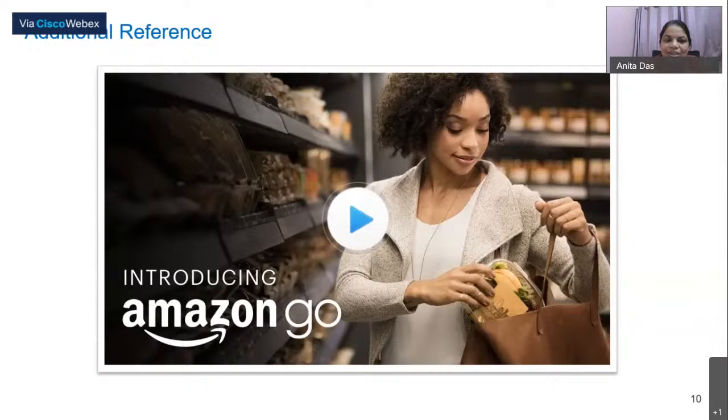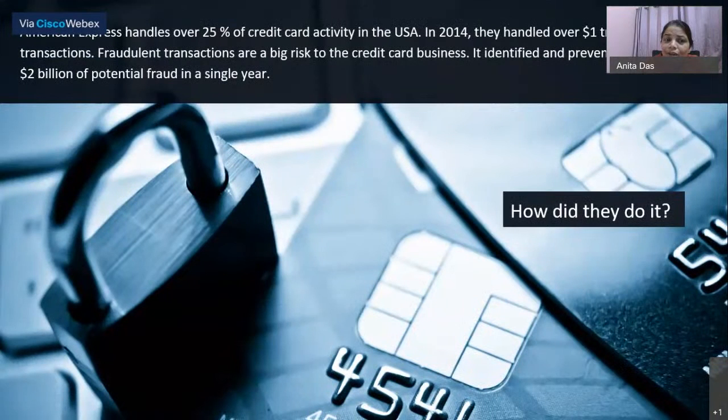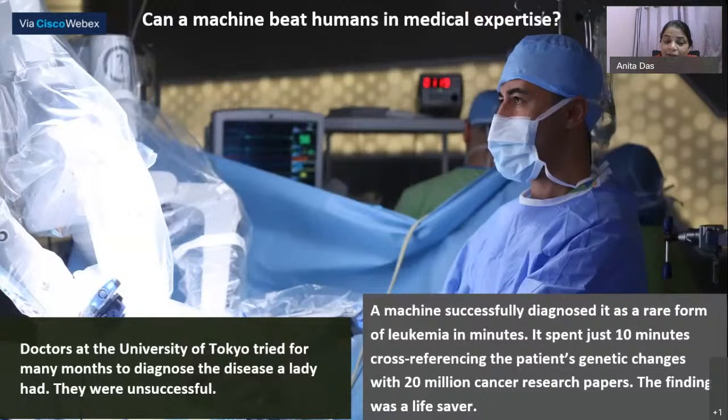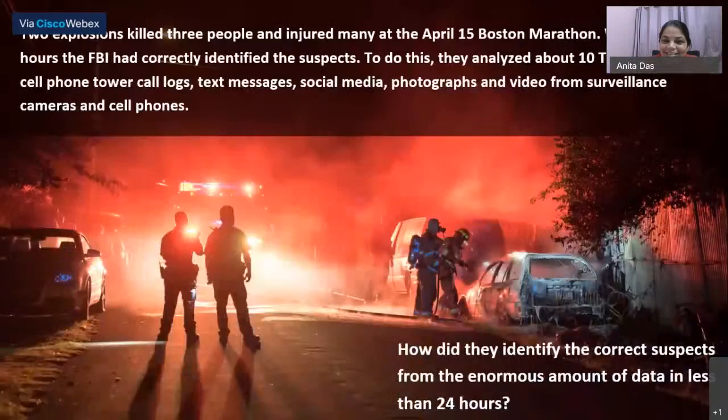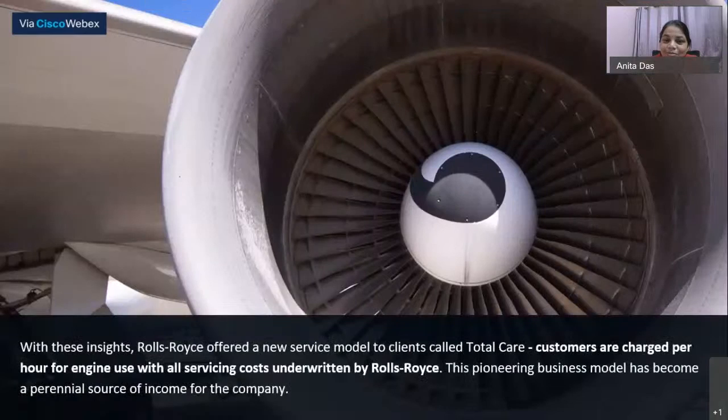I just wanted to summarize what we discussed till now. Using AI, we not only solved very sophisticated problems, like stopping fraudulent transactions or helping a patient, and also the recommendation engine, such an important thing.